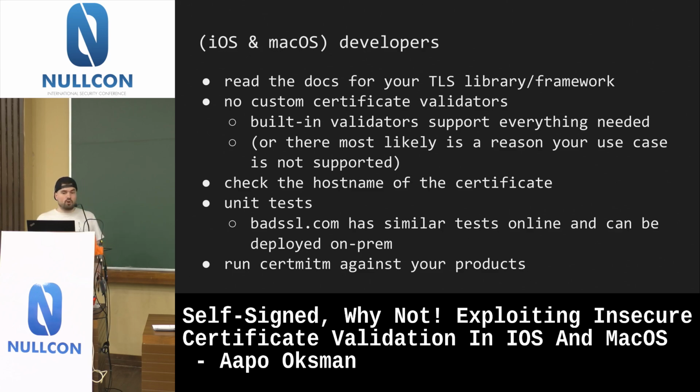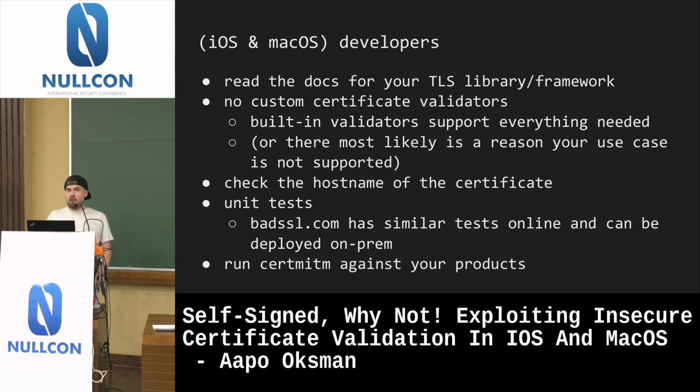If you develop for iOS, macOS, or anything else, you really should read the documentation on how to use the TLS libraries or frameworks that you're using. You shouldn't do any custom certificate validators. The built-in stuff works. It should support everything that you need. And if the built-in library doesn't support your use case, there might be a reason why it's not supported.